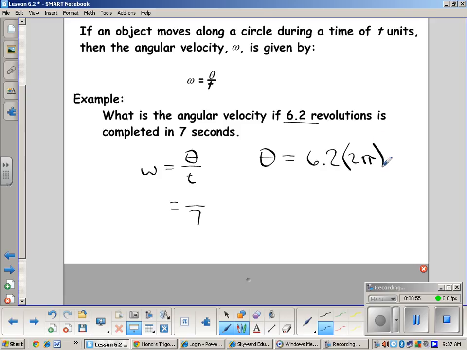Approximately 39. So I'm actually going to leave it as 12.4 pi. And then when I divide by 7, I'll get an accurate number that I can then round.